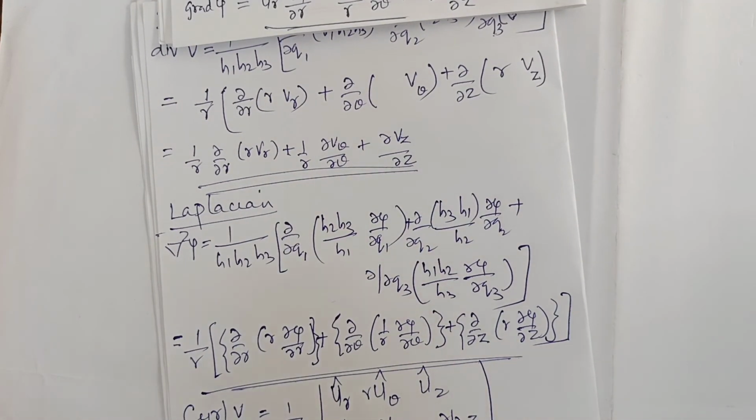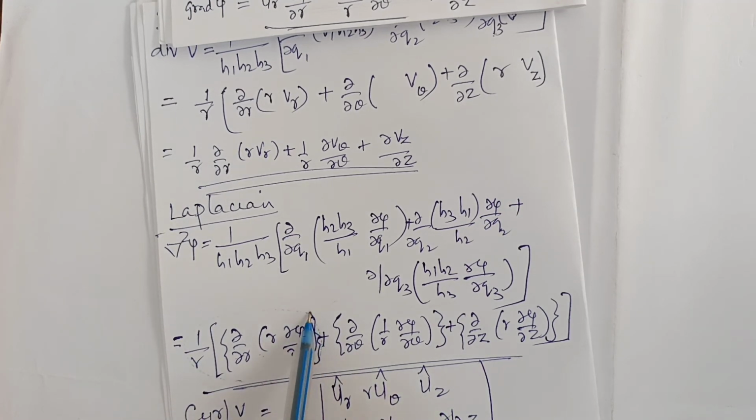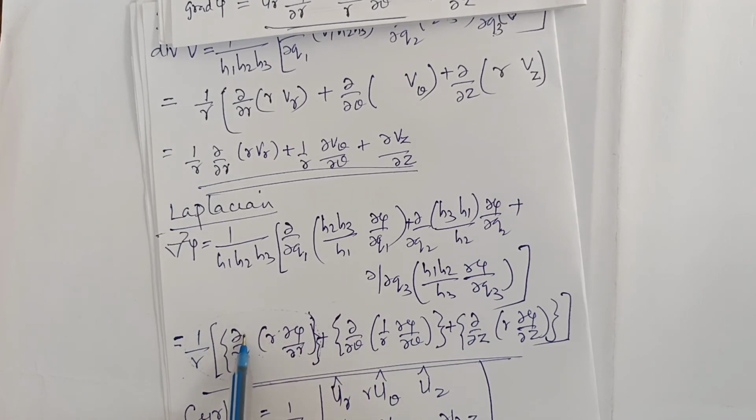On substituting, we will get 1 by r dou by dou r of r into dou psi by dou r. If you want, you can write this term together as dou square psi by dou r square, because this r and this r will get cancelled.